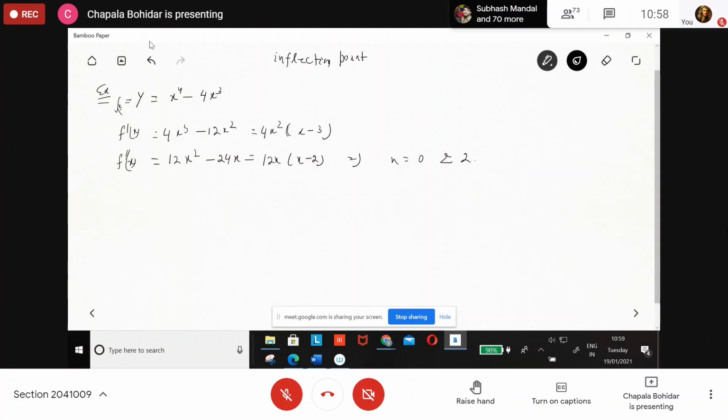So f'(x) is equal to 0 at the critical points. You have to find out f''. F''(0) is how much here?